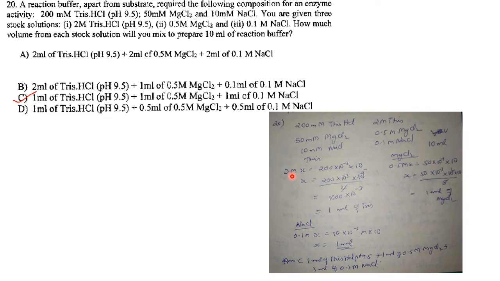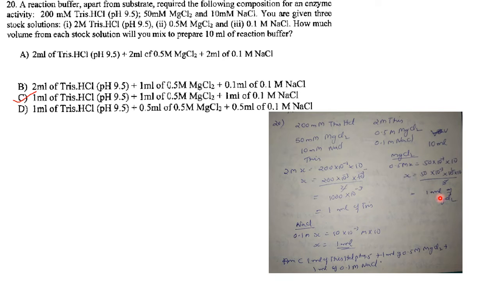So from 2 molar Tris, for preparing Tris we will take 2 molar Tris. How much we have to take from that 2 molar? So X is equal to 200 into 10 raised to minus 3 molar, because this is in molar, we have to convert 200 millimolar to molar, into 10. So that will give you the value of X as 1 ml of Tris.